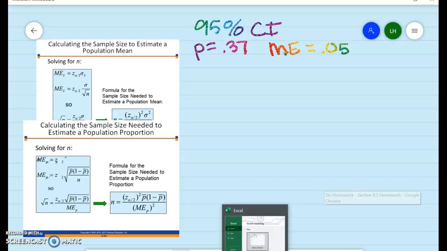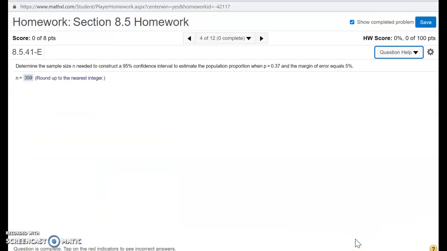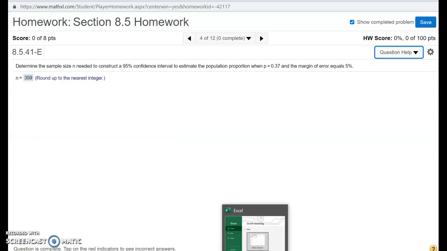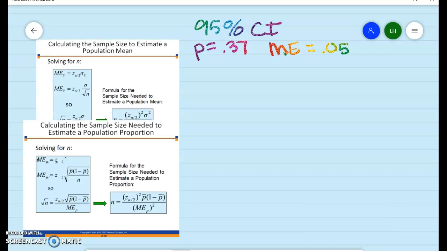So we're still going to use the normal distribution. We have the margin of error, and we're going to go ahead and assume that this is normally distributed. So in Excel, we're going to look up the probability. We're going to do the inverse.